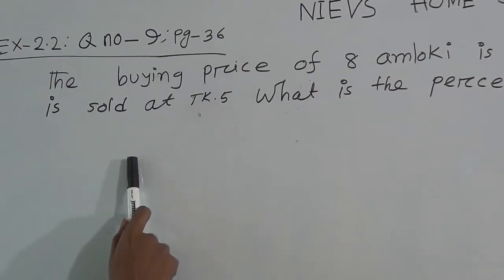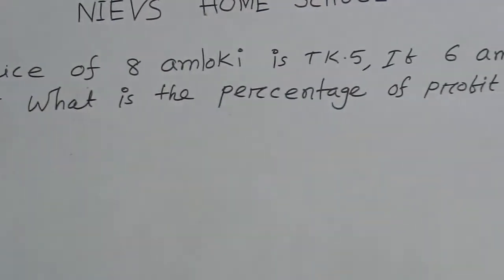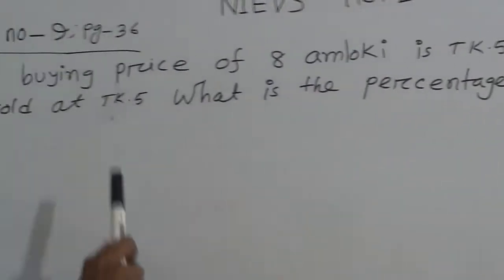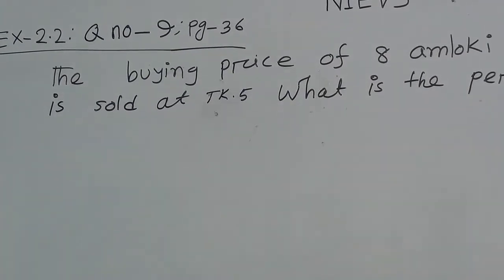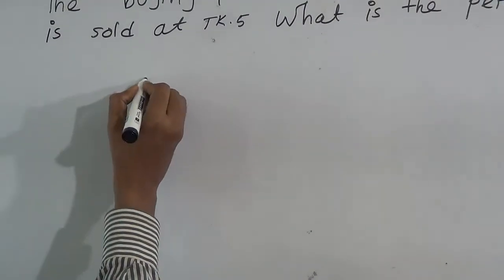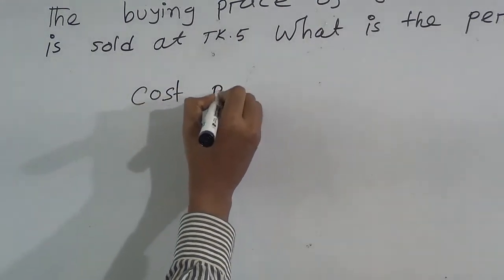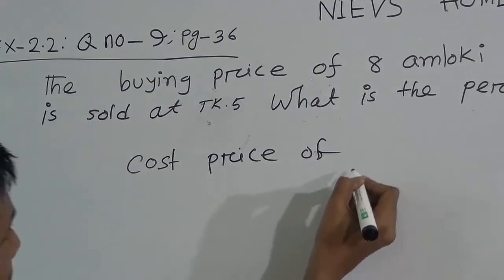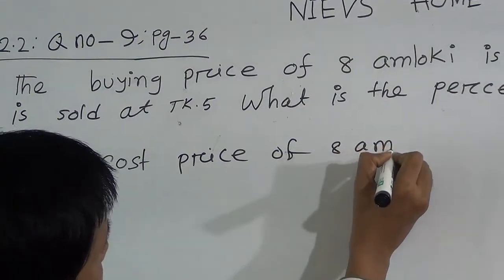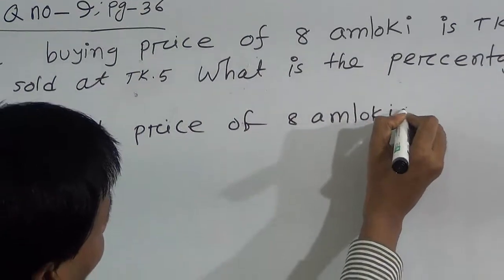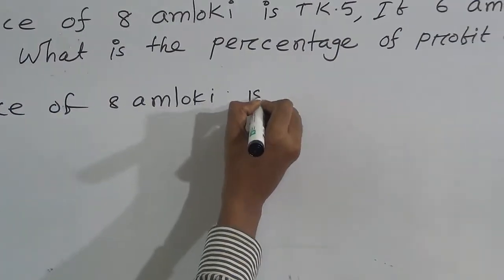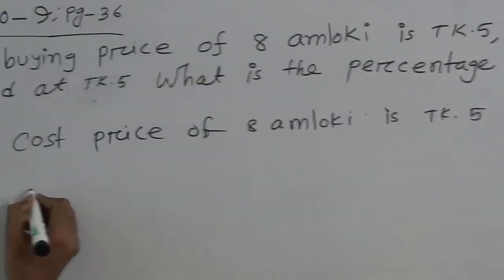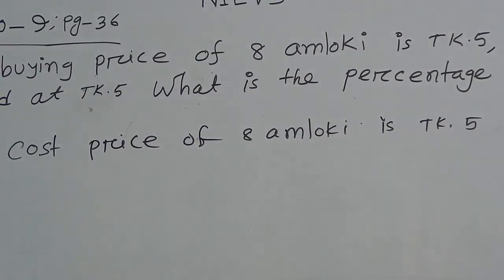Question number 9. The buying price of 8 amloki is taka 5. Buying price means your cost price. Now write: the cost price of 8 amloki is taka 5.